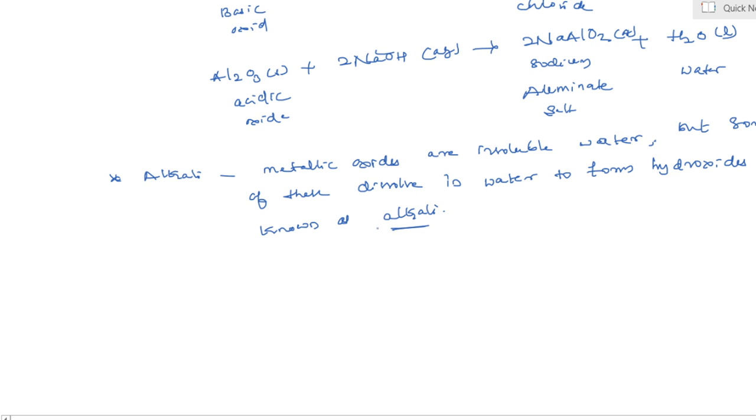Yes, my students, most of the metallic oxides are termed as what? Insoluble in water, but some of these dissolve in water to form hydroxides and are known as alkalis.